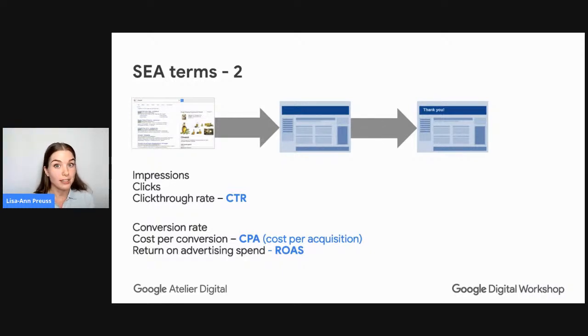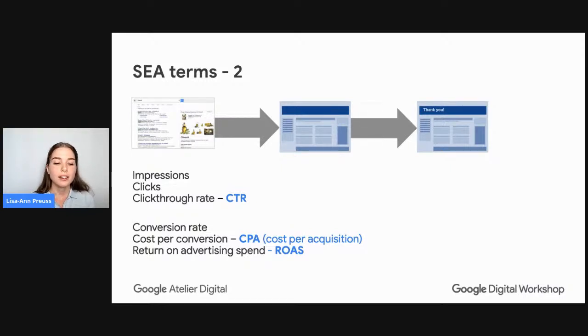This number varies depending on your industry, depending on the type of conversion, and of course, the investment that's necessary to fulfill a certain conversion. But really, once you have a conversion rate, it makes a lot of sense to keep an eye on it and to see how different ad texts are influencing this conversion rate. We also have costs per conversion.